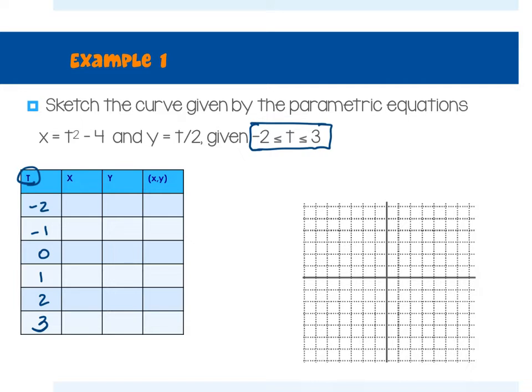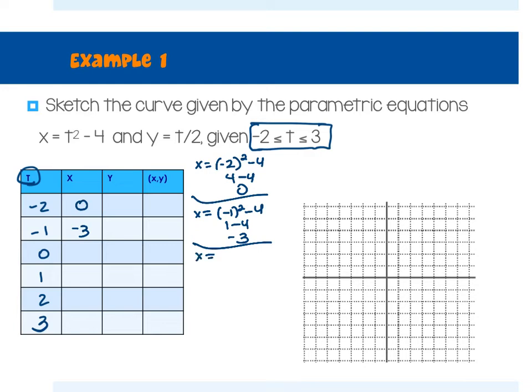So I'm going to plug them into the x. So x equals t squared minus 4, which is -2 squared minus 4. That's 4 minus 4, which is 0. Then I'm going to plug in -1 squared minus 4, 1 minus 4, which is -3. Then 0 squared minus 4, 0 minus 4, which is -4.